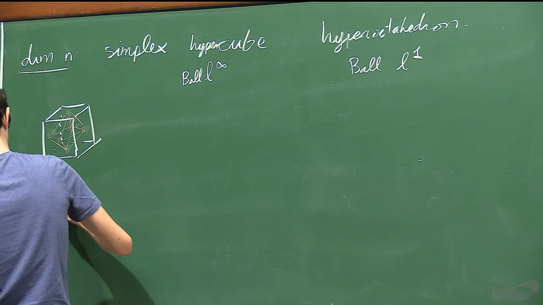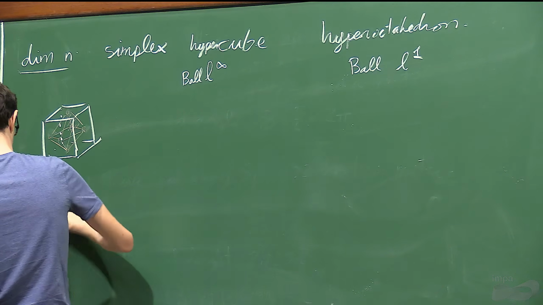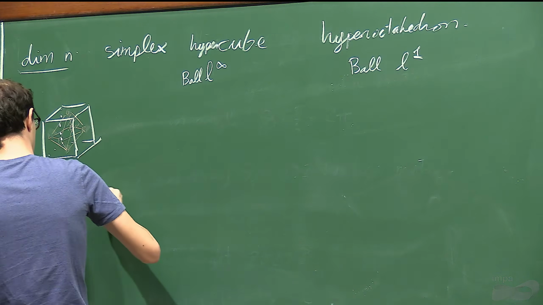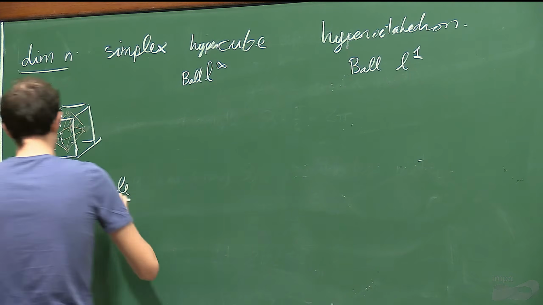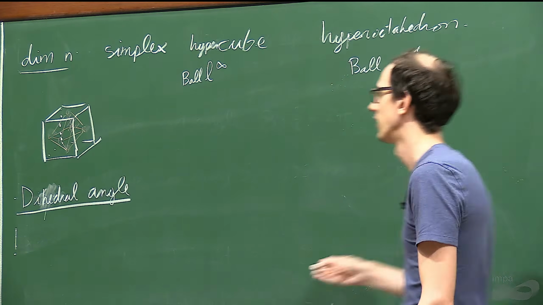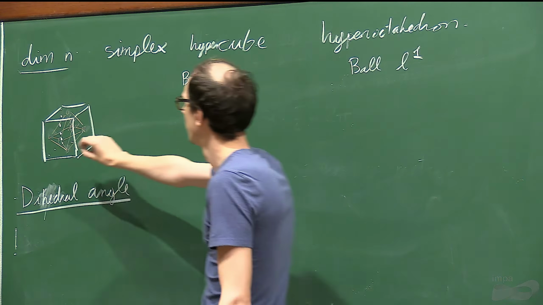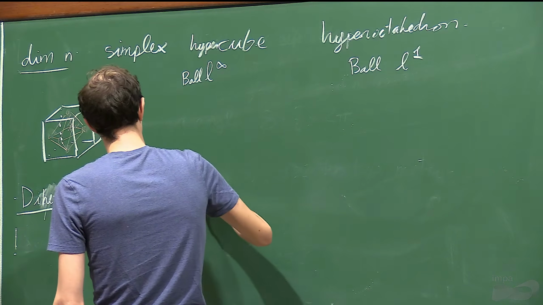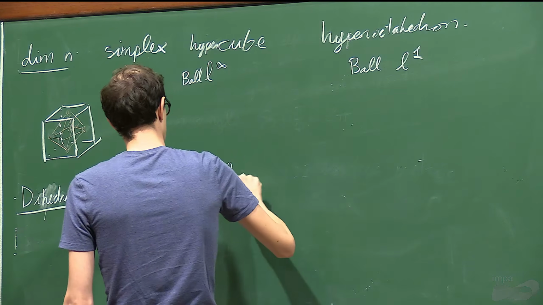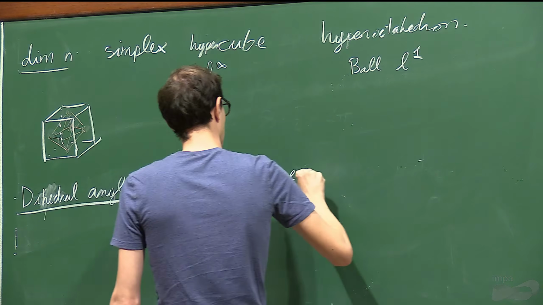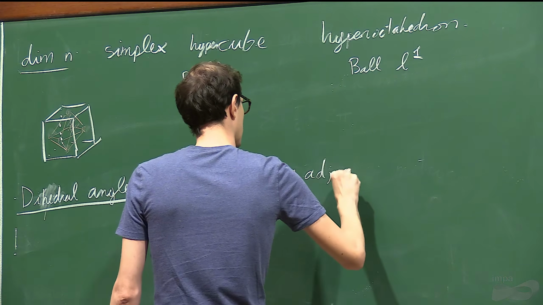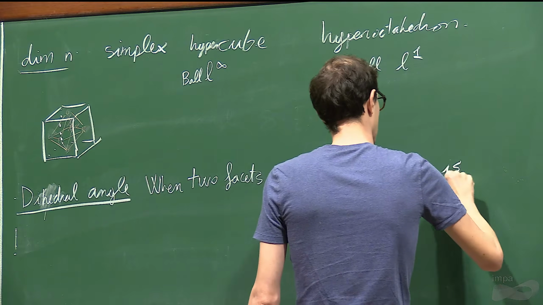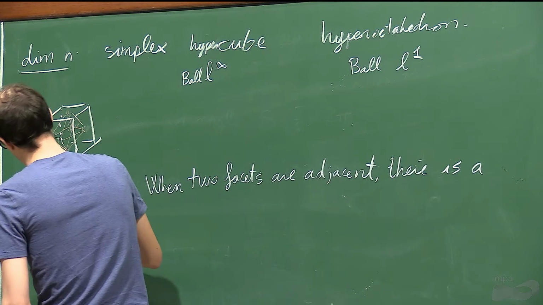So every time I have a polytope inside space, and I have 2 facets that are adjacent, then there is a dihedral angle between them.